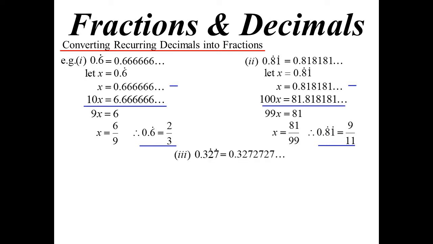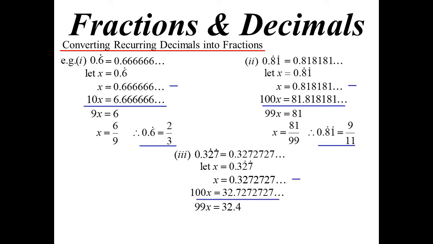What happens if not all the numbers are repeating? So 0.327 repeater, which is 0.3272727272727, and so on. Well, if I multiply by 10, no, not going to work. Multiply by 100, look what happens. Whilst the number is not the same behind the decimal place, if I go to one decimal place, they are now the same.